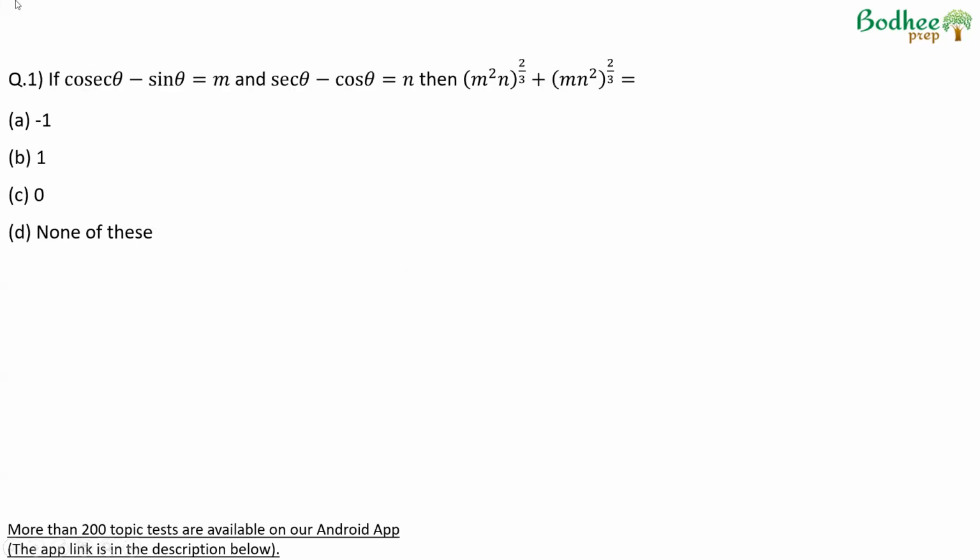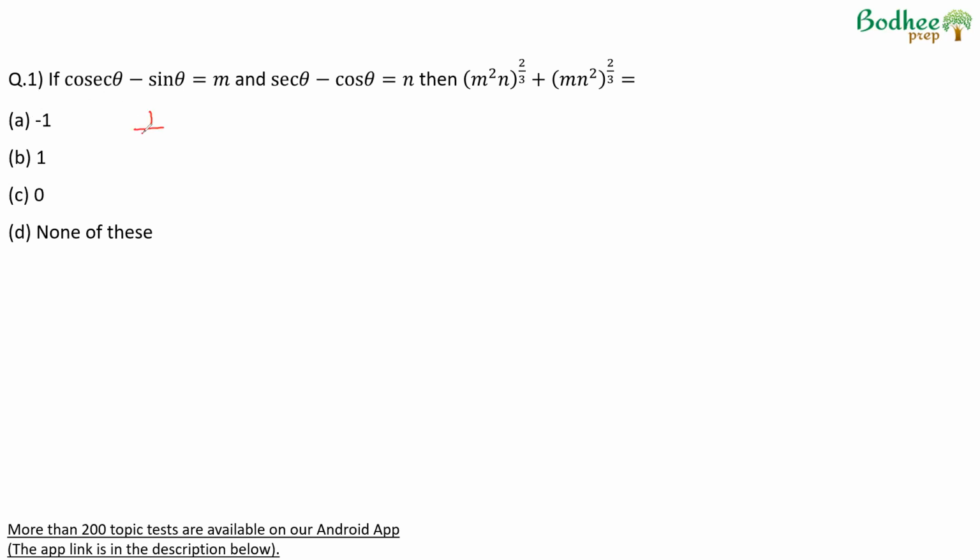If we look at the questions, it says cosec theta minus sin theta is m, sec theta minus cos theta is n. We have to find the value of (m square n) raised to power 2 by 3 plus (mn square) raised to power 2 by 3.